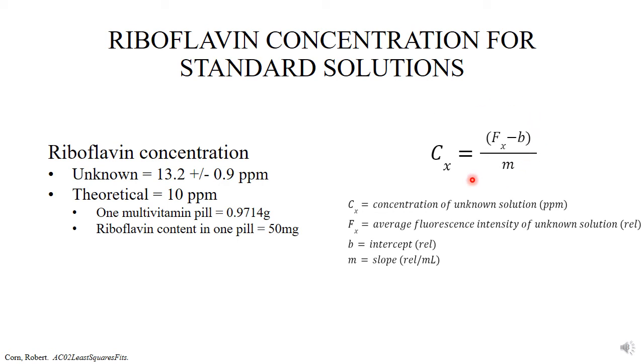Using this equation, the unknown riboflavin concentration was calculated to be 13.2 plus or minus 0.9 parts per million. The theoretical riboflavin concentration was calculated using the tablet information. One multivitamin pill was 0.9714 grams, and the riboflavin content in one pill was 50 milligrams.